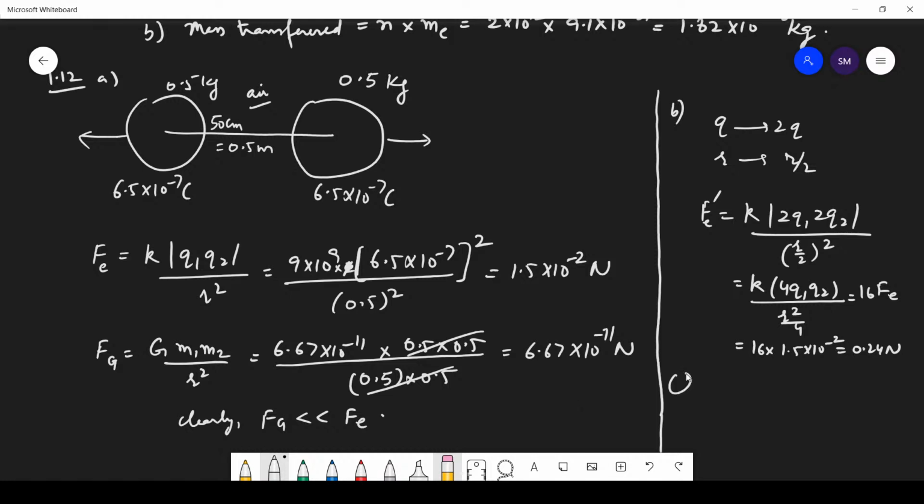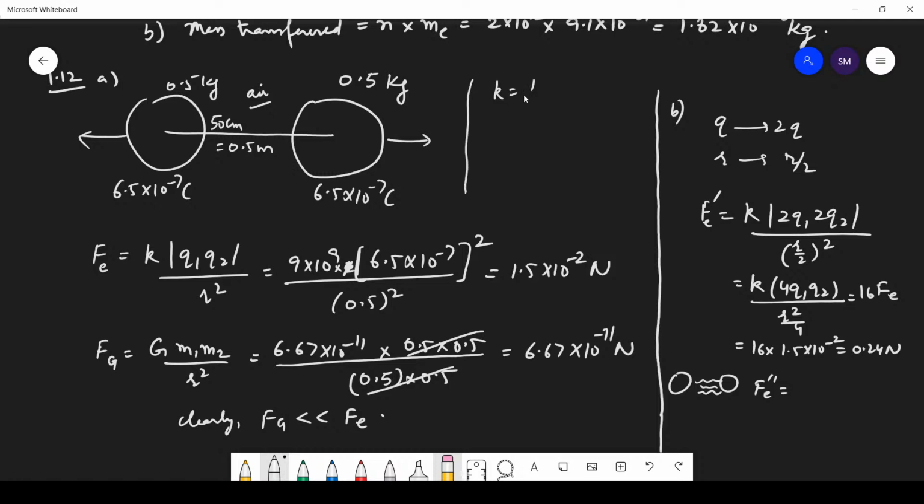So now these are the spheres and there is water in between them. We will have the formula for the electrostatic force. So this will be Fe double dash, because here K is changed. Let us see what the K is.